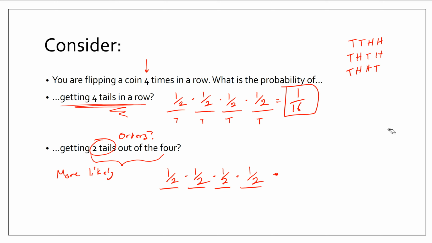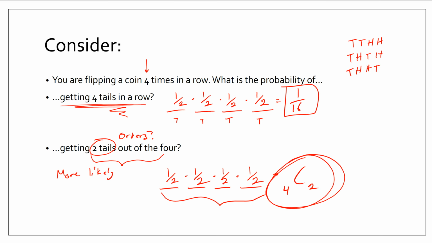So here's what mathematicians figured out. I have 4 slots. I need to choose 2 of them for my tails. If I multiply these slots by this combination, that will give me all of the different ways that this can happen, okay? So, 4 choose 2, our calculator can do that for me.